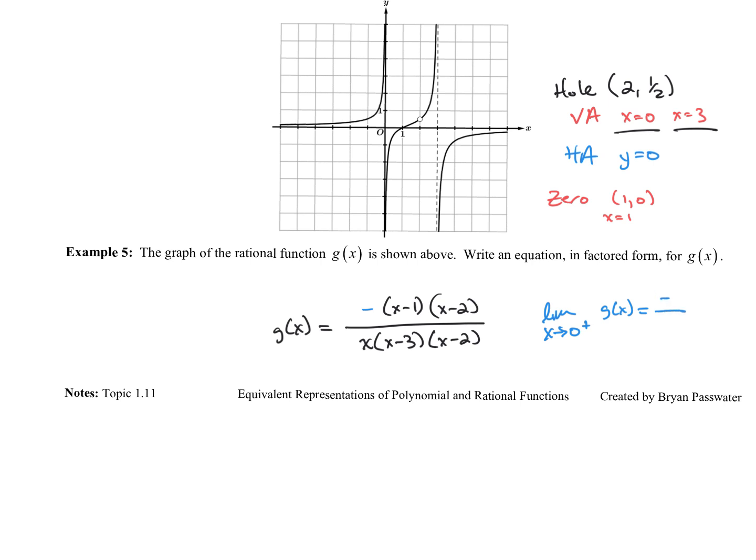Now, what's this going to give me? A negative. This is going to give me a negative. This is going to give me a really small what? Positive. So I have a positive, negative, negative, which makes it a really small positive. So a negative number over a really small positive is going to give me what? Negative infinity. All right?